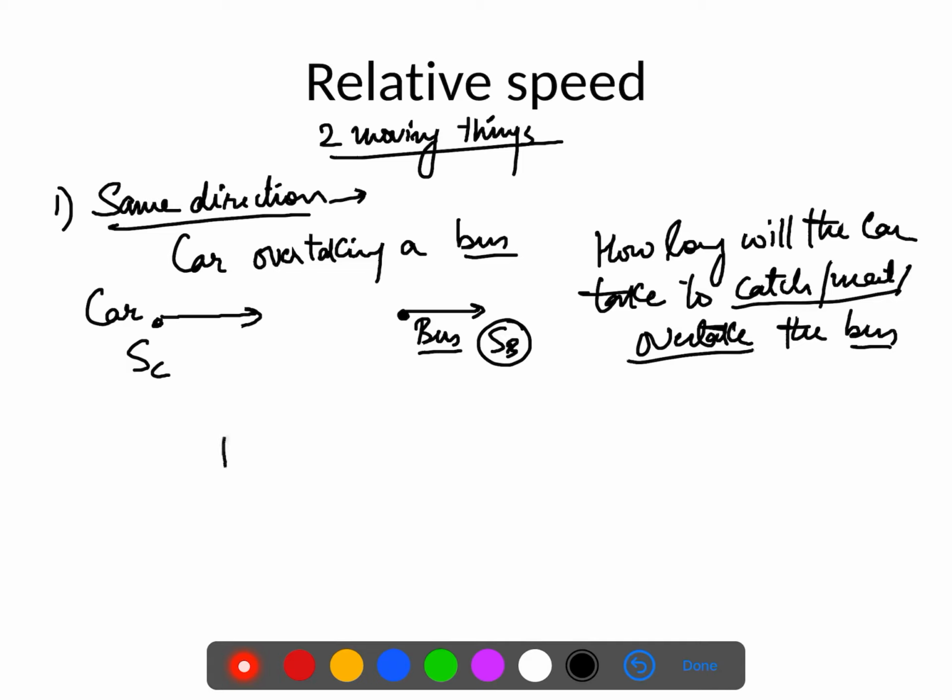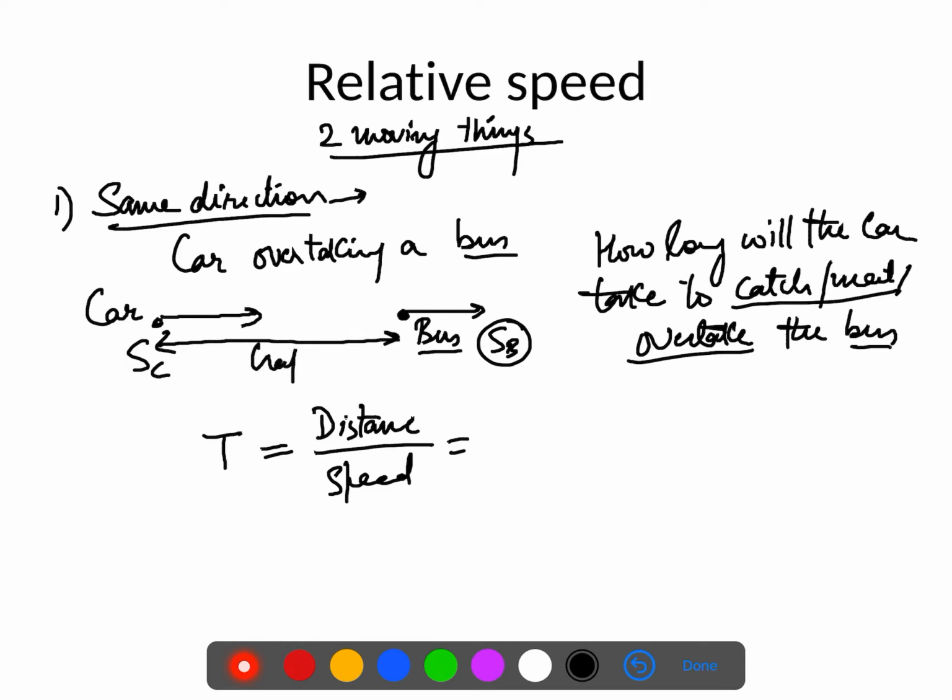So we need to calculate T, how much time the car will take. Time, as we know, is distance over speed. Distance in this case will be the initial gap between the two. The car is trying to fill that gap. And the speed in this case is the relative speed.